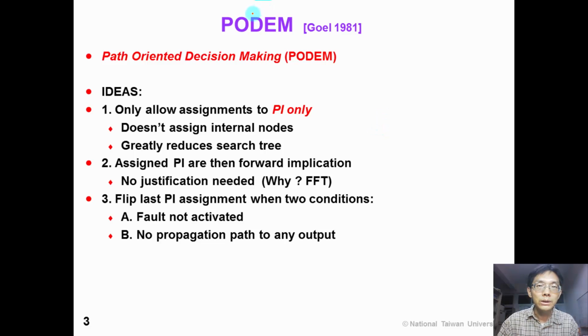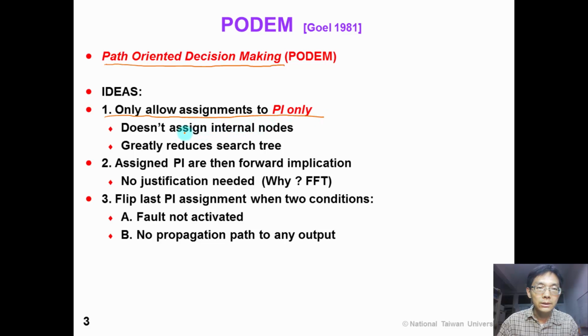The PODEM algorithm was proposed by IBM Dr. Goel in 1981. The full name is Path-Oriented Decision Making. There are 3 important ideas. First, PODEM only allows assignment to primary input.